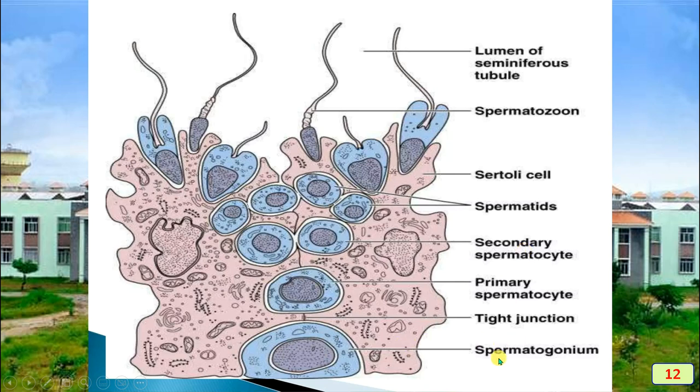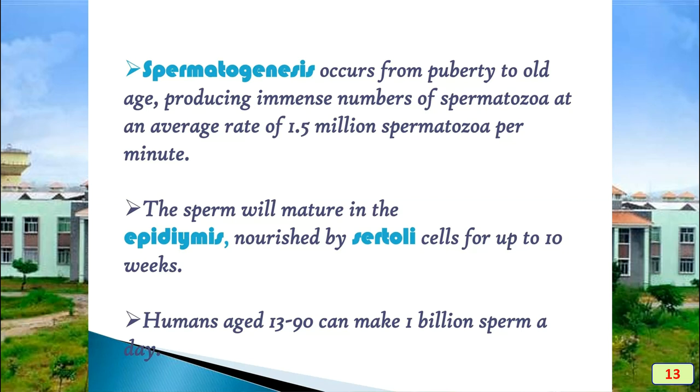The spermatogonium is the main cell which gives rise to primary spermatocytes, in which a tight junction is present, and which give rise to the secondary spermatocytes. Then spermatids are further formed, and these are all supported by the Sertoli cells. This happens in the male gonadal organ, the testes.